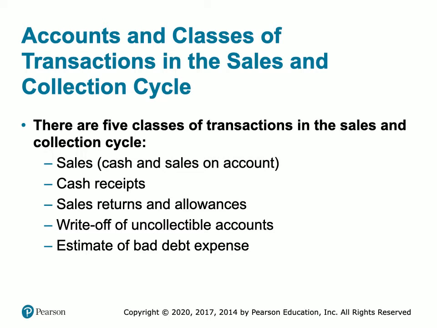Okay? And then finally, on bad debt expense, one of the presumptions in the new revenue recognition standard is that accounts receivable are collectible. So I'm going to spend time on emphasizing the importance of doing credit checks and documenting the collectability of accounts receivable, because that's a presumption in the new revenue recognition standard.